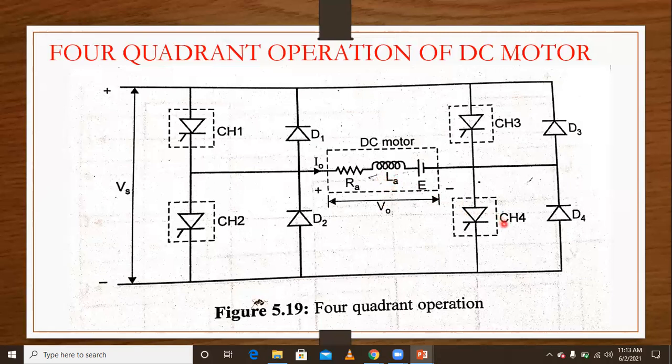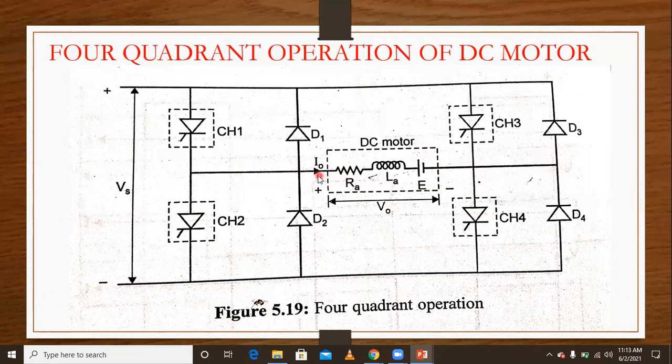When chopper CH4 is turned on and the remaining devices are turned off, diode D2 is connecting. Because of this, the energy stored in the inductor also increases. Am I right? When chopper CH4 is turned off, current is fed back to the source through diodes D2 and D3.